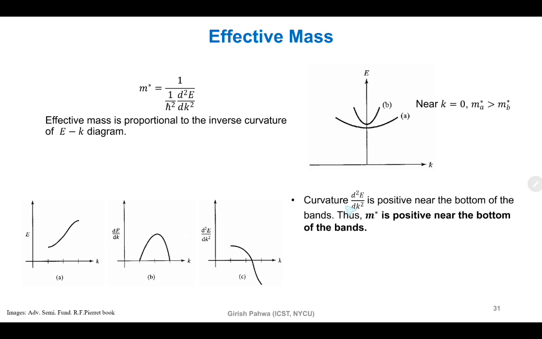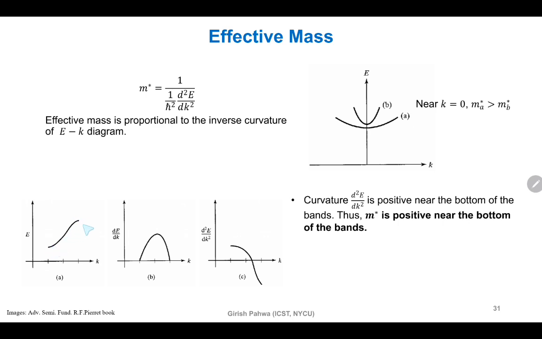So d2E by dk square: if I look near the bottom of the band, the curvature is upward. Whenever I have an E-k which is curving upward, I have a positive m star, because d2E by dk square will be positive in that part.